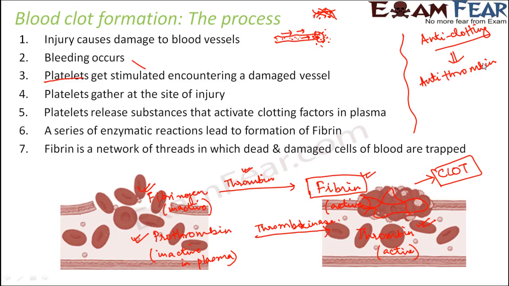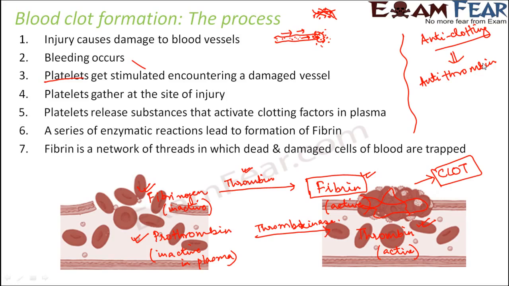So what happens is, whenever you get an injury, the blood vessels are ruptured. So the platelets and the fibrin together will form the blood clot. Now, in the blood or the plasma, you also have proteins which are anti-clotting factors. So they do not let clotting take place. Such proteins are antithrombin.